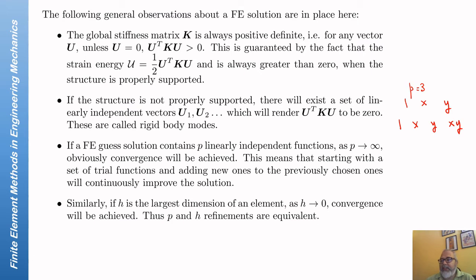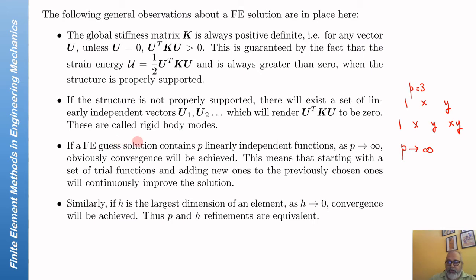So when you have a linearly independent set of trial functions, your P is some value, and it obviously means that as P tends to infinity, that is, when you have an infinite number of linearly independent functions making up your assumed displacement, you would lead towards the actual solution, because your assumed solution will contain all the ingredients of the actual solution. So as P tends to infinity, you will obviously achieve convergence.